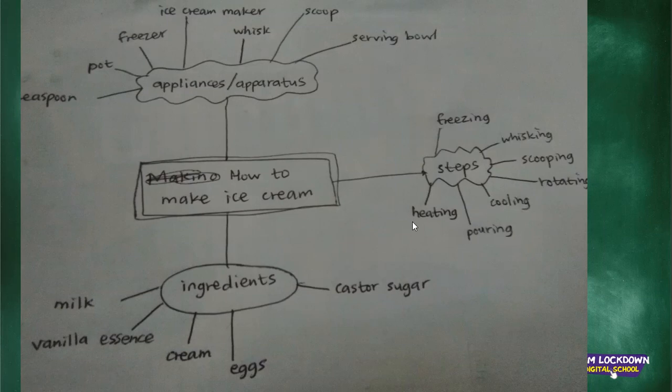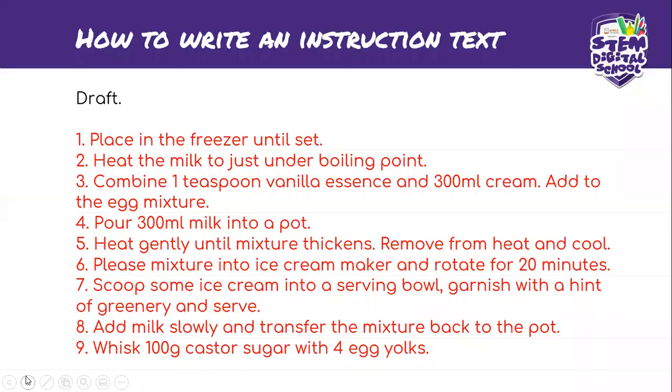So you realize that with a mind map, it is more comprehensive. Not only did we include the ingredients and the appliances or the apparatus, but we've also included the steps that we may need to take. Remember the process writing method.